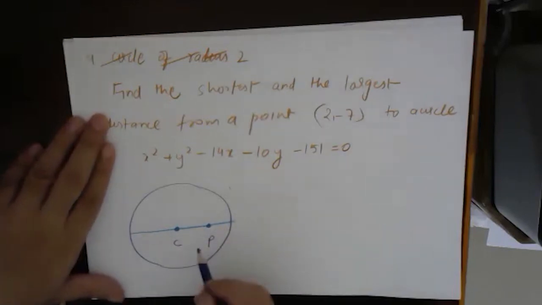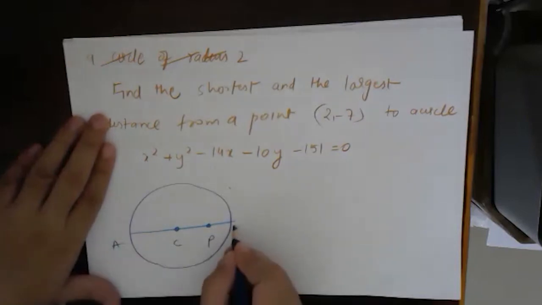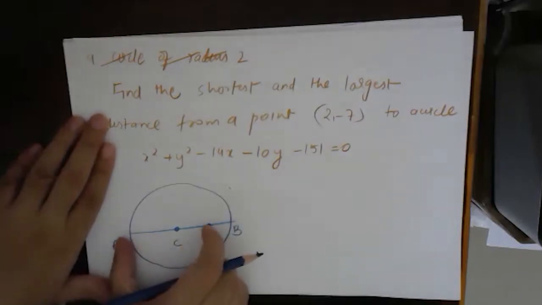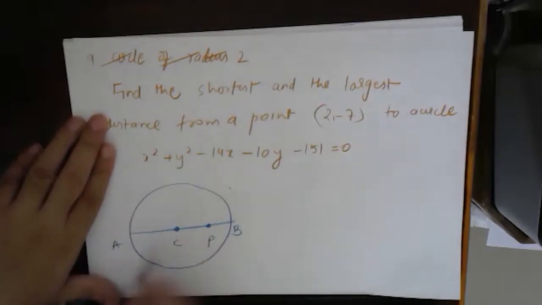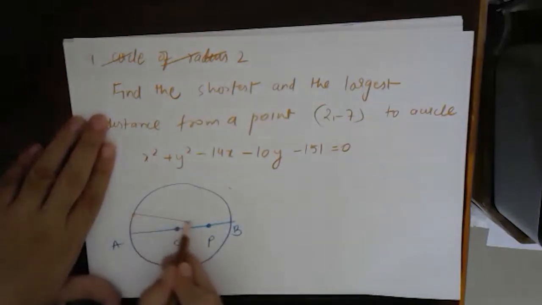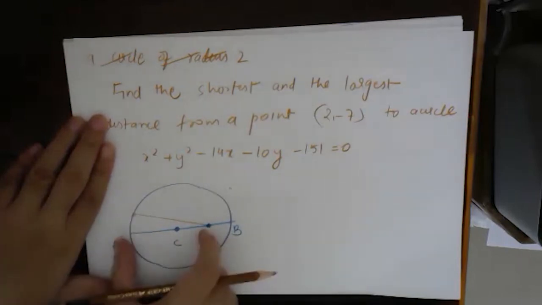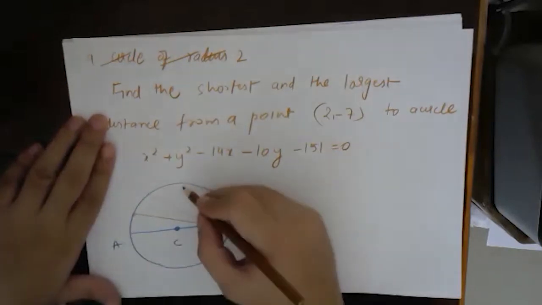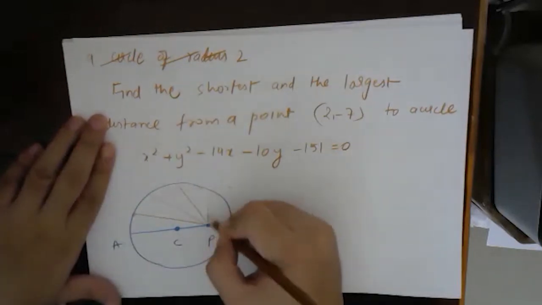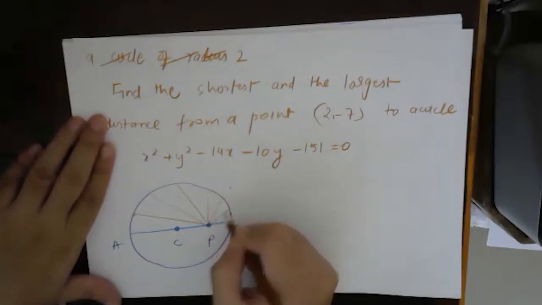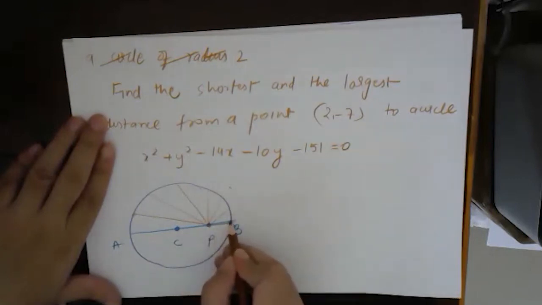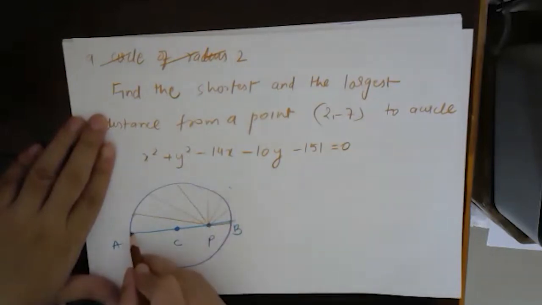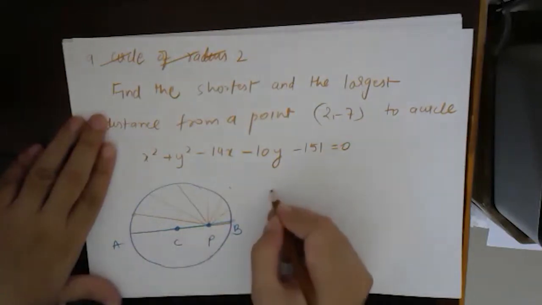Suppose this is A, and this is B. If I take any other point, this line is shorter than the previous one, and it keeps on decreasing, till this point. So the longest distance will be AB.